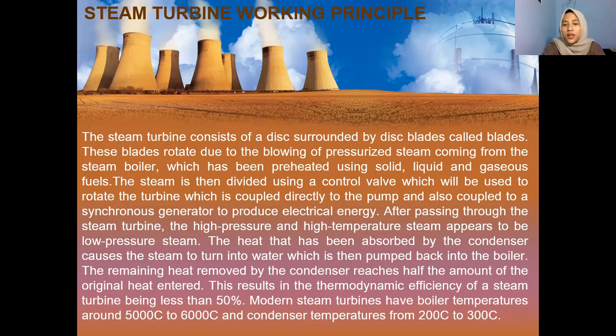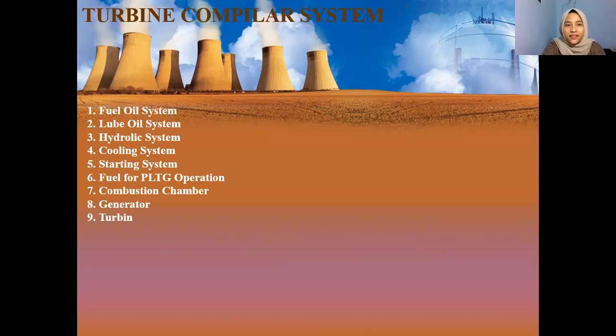This results in the thermodynamic efficiency of a steam turbine being less than 50%. Modern steam turbines have boiler temperatures around 500 Celsius to 600 Celsius and condenser temperatures from 20 Celsius to 30 Celsius.